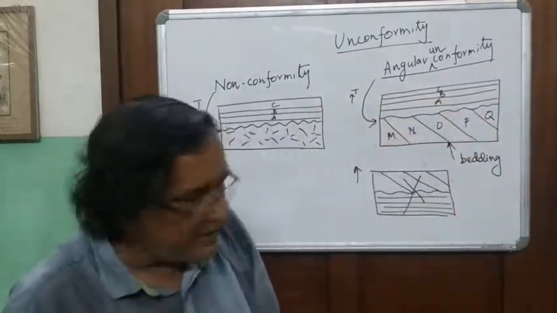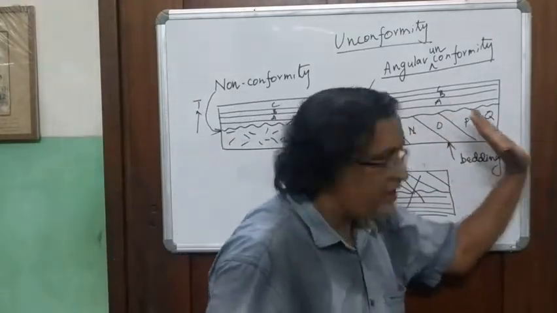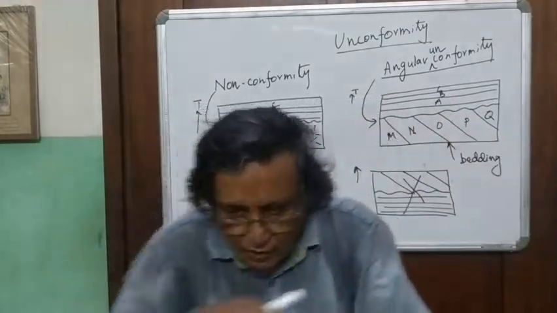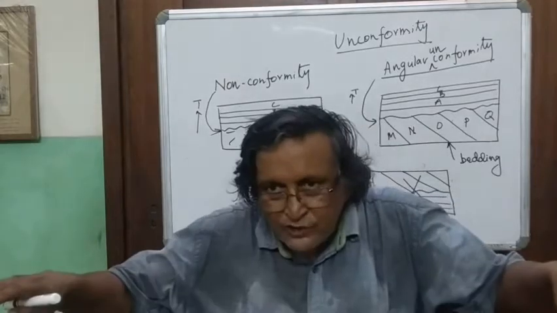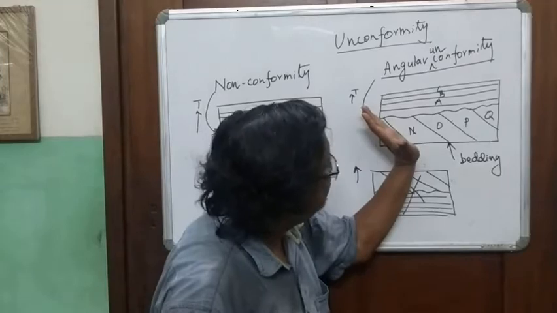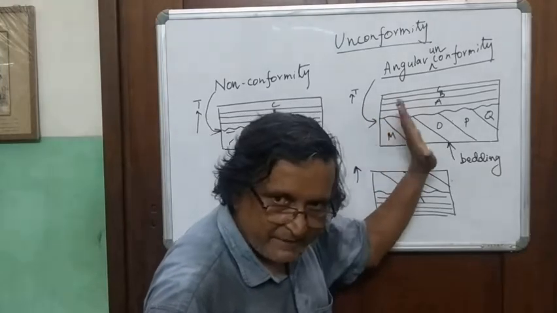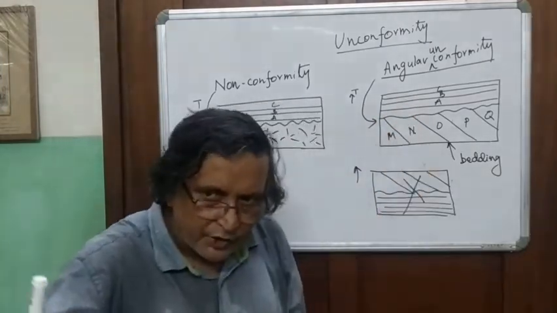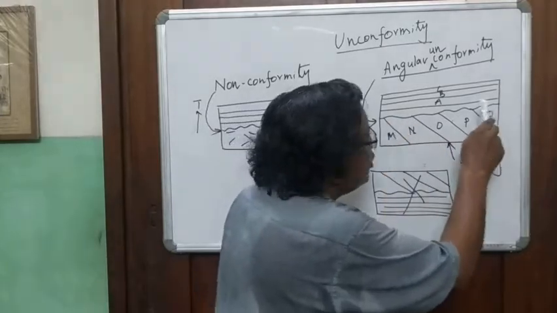I will repeat again. The layers M, N, O, P, Q are sedimentary rocks. So they are bedding planes. So they must have been horizontal. After being deposited, they have been tilted. Can you see that? They have been tilted because of some force. And then you have the erosion plane.